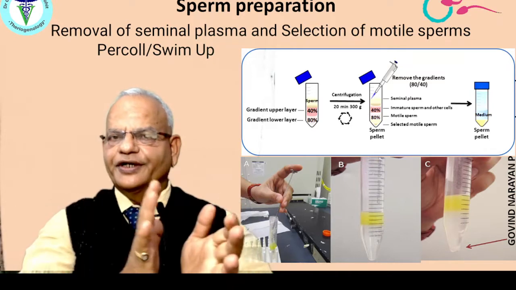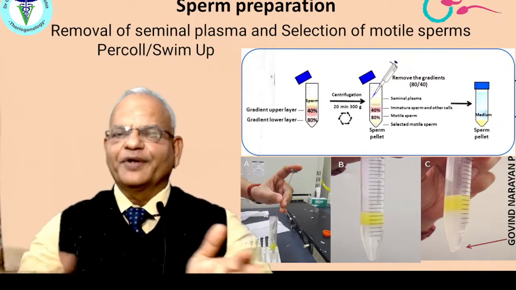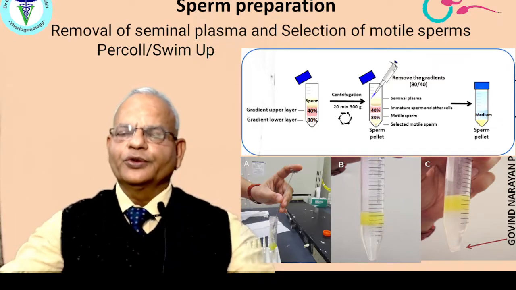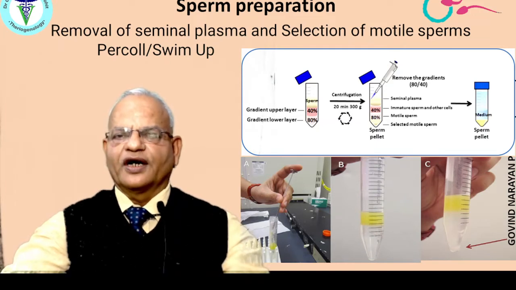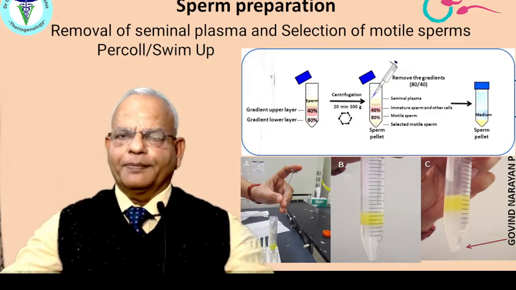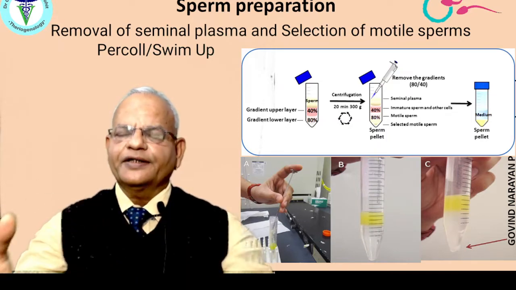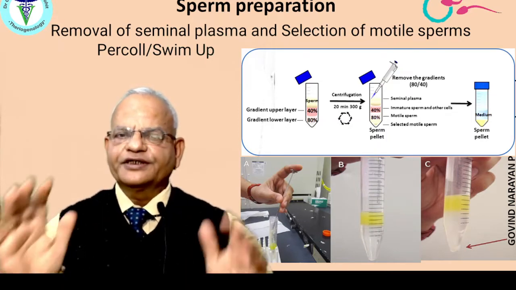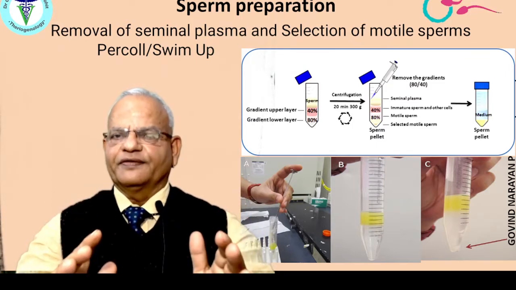Now the seminal plasma is left behind, so this you have to do artificially for preparing the sperm for in vitro fertilization. For the purpose, you have to remove the seminal plasma, and you have to select the motile sperms, because the seminal plasma hinders the motility of the sperm.